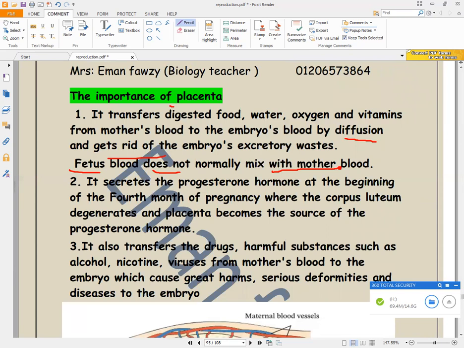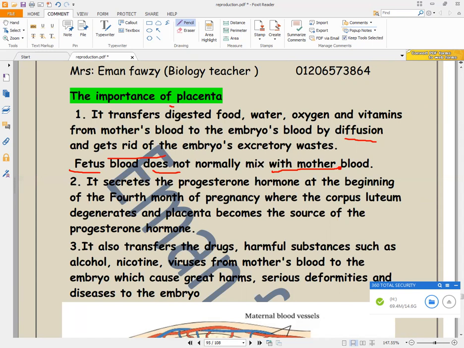So if the mother's blood group is A, she will contain anti-B, okay? So if the child is blood group B, it will face what? It will face the immunity against it from his or her mother. So the fetus's blood doesn't normally mix with the mother's blood due to the difference in the blood group types, okay?